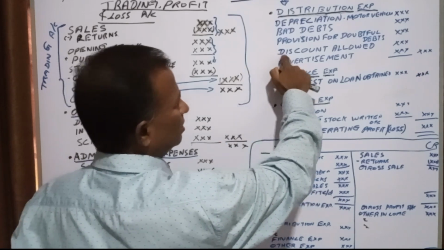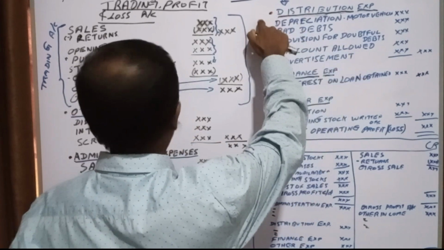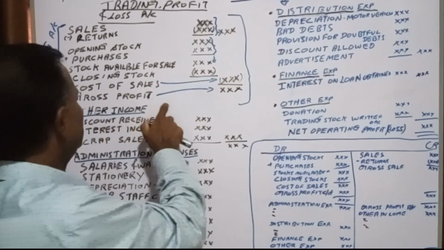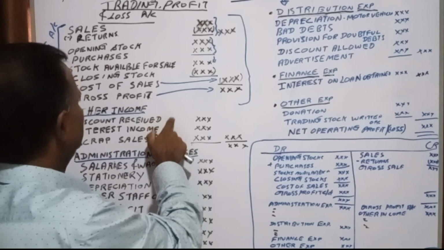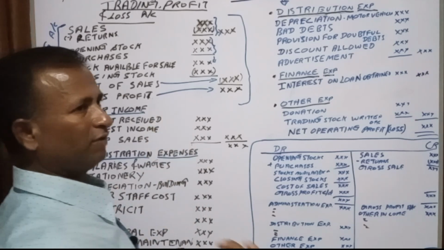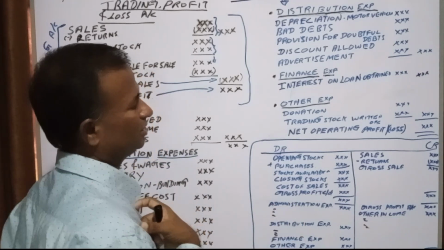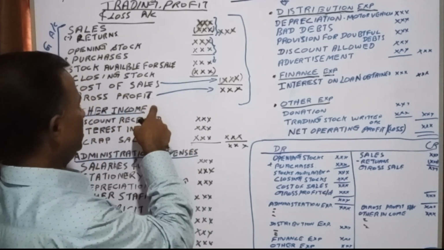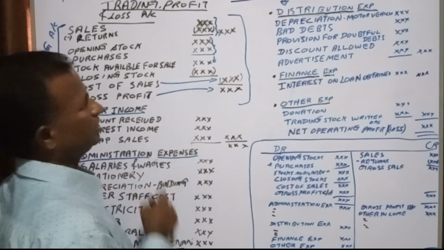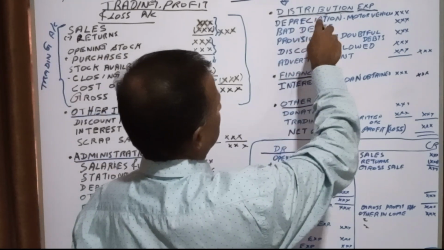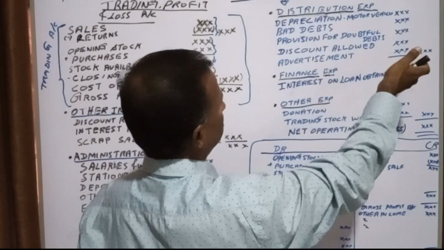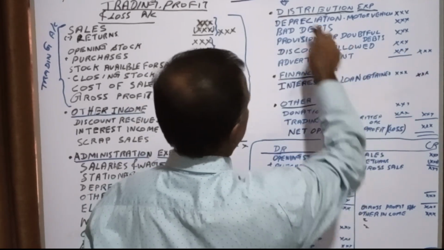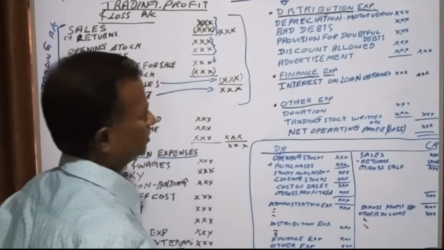Discount received relates to other income, because when we are purchasing we get a discount, and that discount is income for us. The discount given to customers on sales, discount allowed, comes under the distribution expenses.